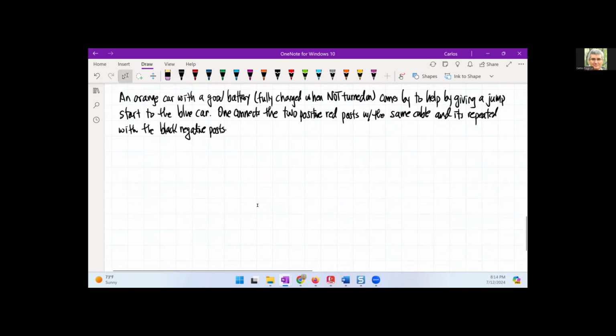So let's draw a picture of this. I don't know how this is going to come out, but you could imagine that we're doing a top view of this. So I'm going to imagine that here's a car, and I'm going to try to draw a car. And so if this is my blue car here, you could imagine that I'm going to have some windshield here.